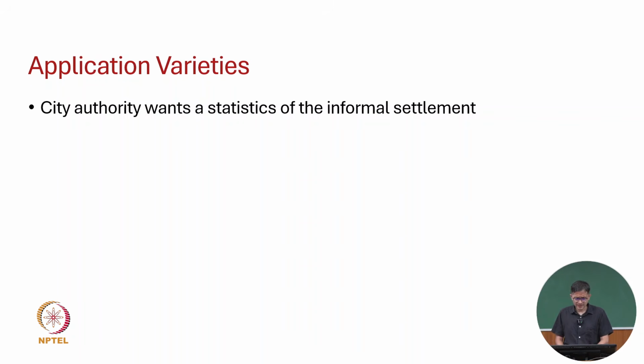We just want statistics of the urban green. Compared to that, let's say we rather want detection of these informal settlements. Which one do you think would need higher spatial resolution images? Think a bit about this aspect, and we would carry forward our discussion in the next lecture. Thank you.